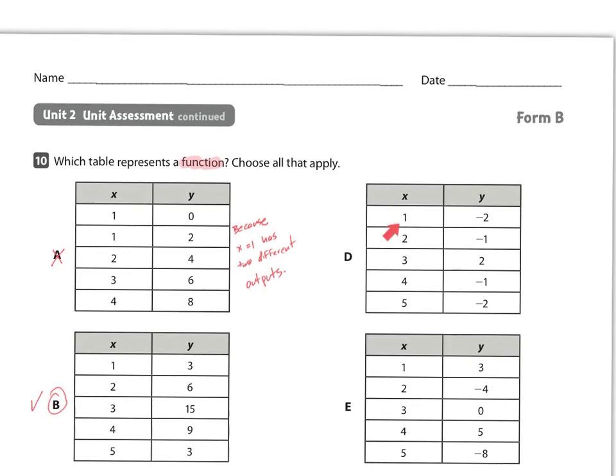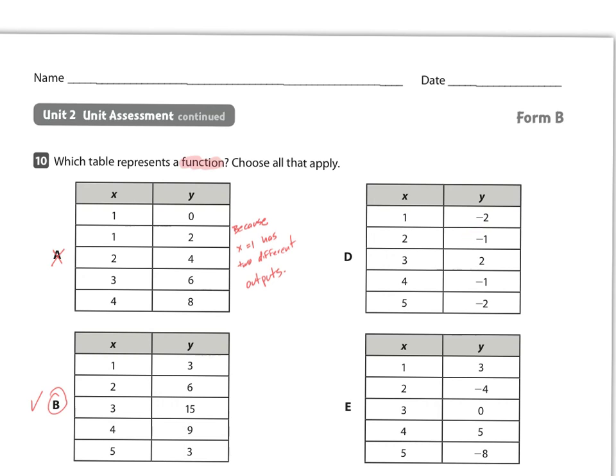We have 1 goes to -2, 2 goes to -1, 3 goes to 2, 4 goes to -1, and 5 goes to -2. Now, the X values don't repeat, but you see that the Y values do repeat.